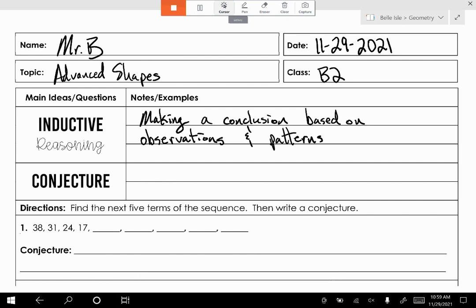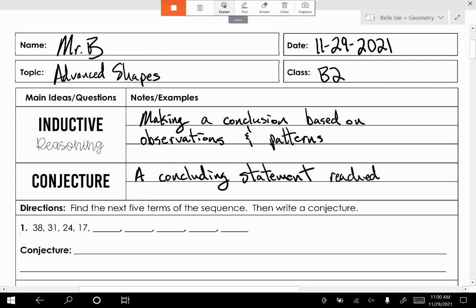Conjecture is a concluding statement reached using inductive reasoning.